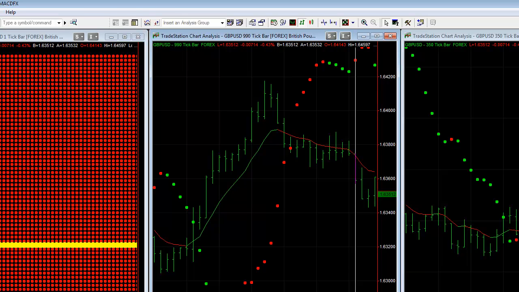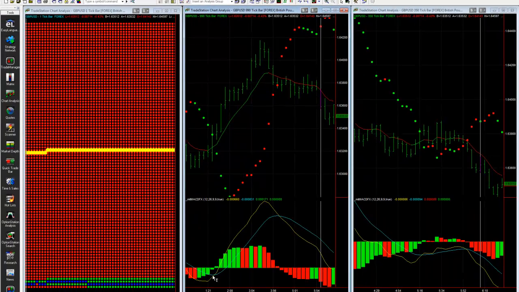MACD is one of the most elegant and beautiful to look at indicators ever created for trading markets. The way you read a MACD is using the angles that are shown. This is a slow moving average, and the yellow line is a fast moving average.